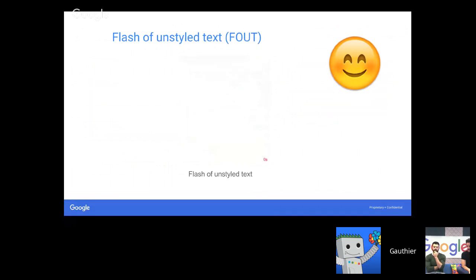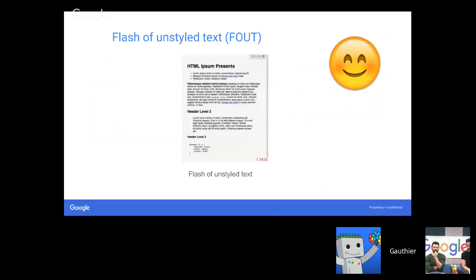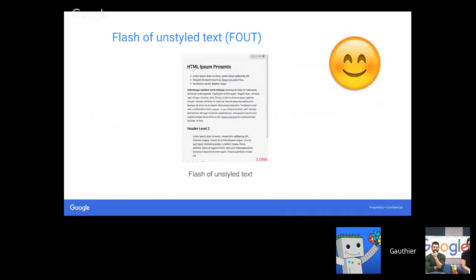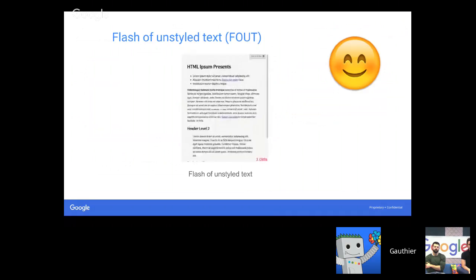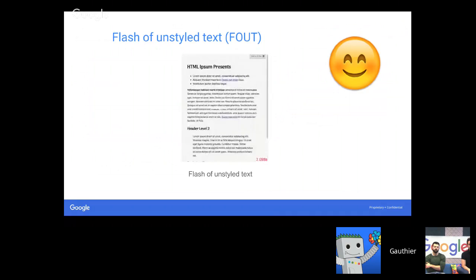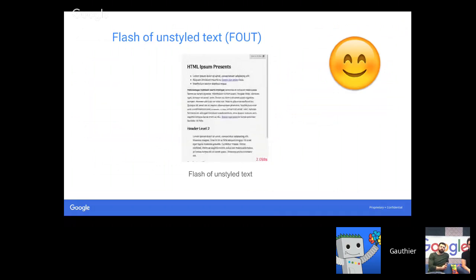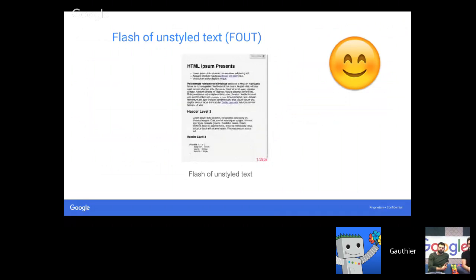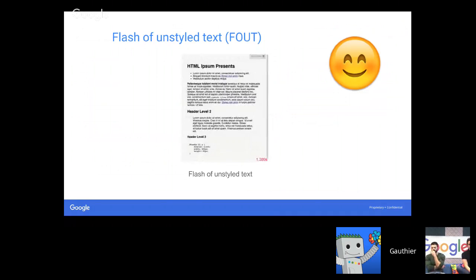So basically just switching from invisible text to unstyled text. I know from a design perspective, it's not great. I know from myself, when I would do a little site, I would not like this flash. I would load a beautiful site, and then after 2, 3, 4 seconds, you suddenly have this flash and it looks a bit different. So we understand it's not ideal, but I think you always need to find a middle.